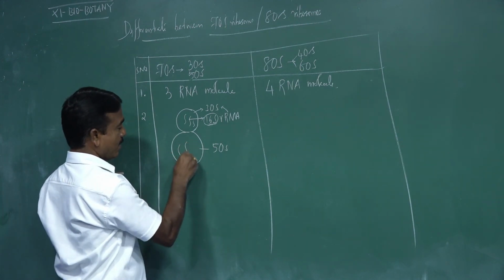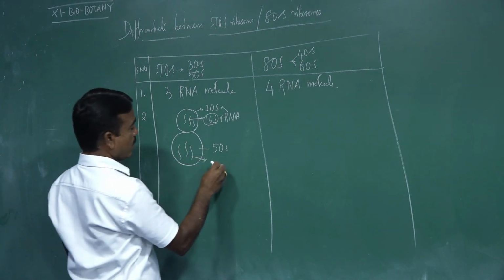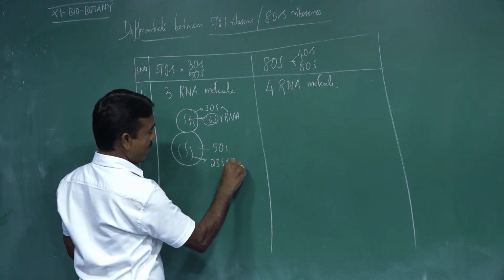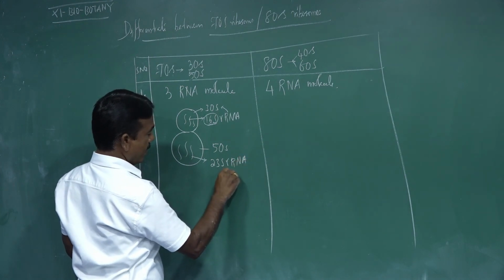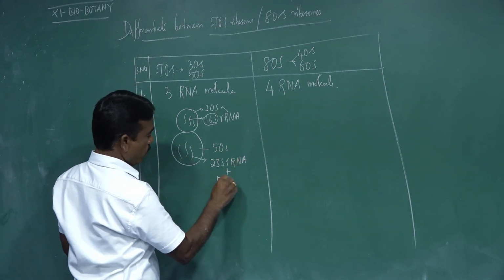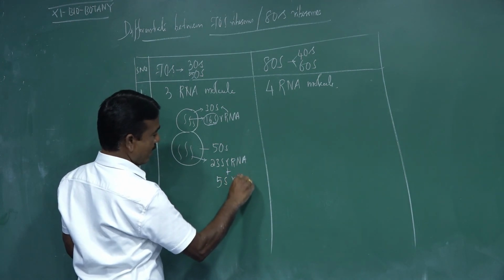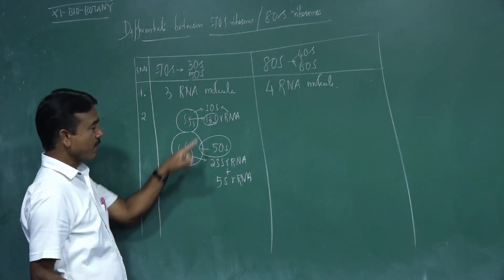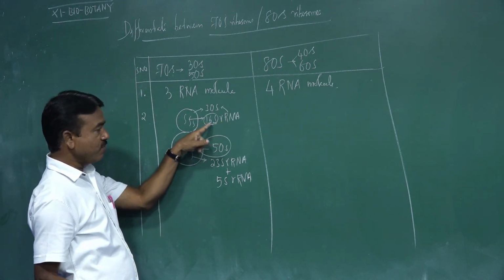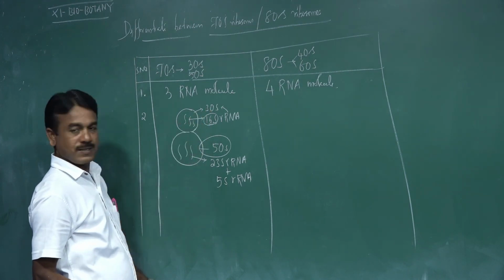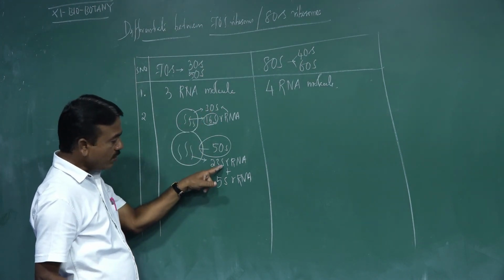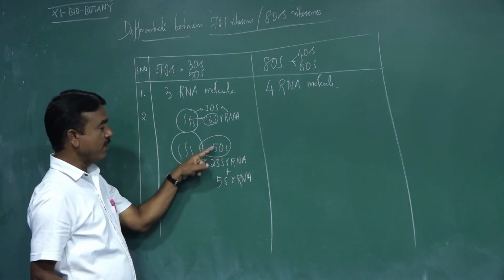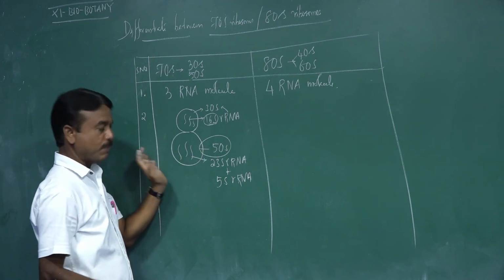Likewise, 23S rRNA and 5S rRNA are found in the 50S ribosomal subunit.